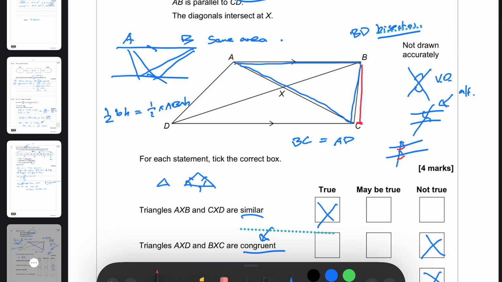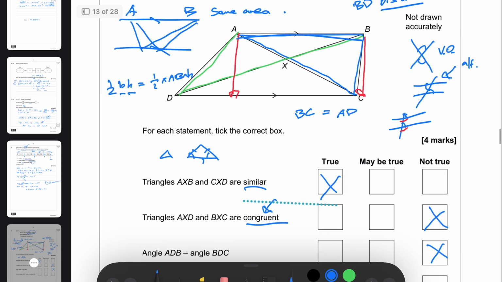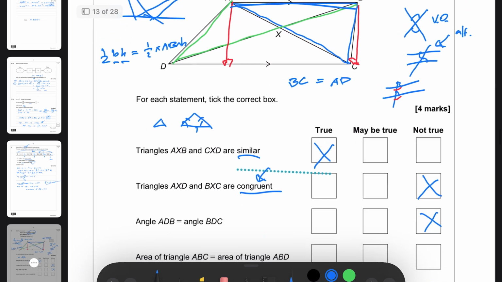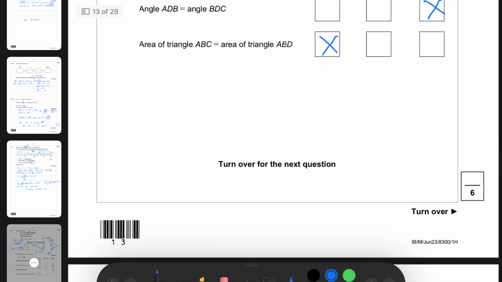And the height of this triangle, let me draw in green to make it easier to see, is going to be the exact same length here. So we can literally see that they share AB, they share the same base, they share the same height, so these triangles are always going to have the same area. So there we go, same area, and we are done with this question.